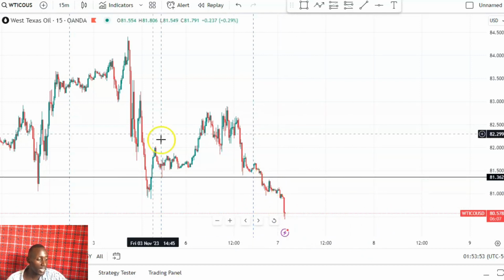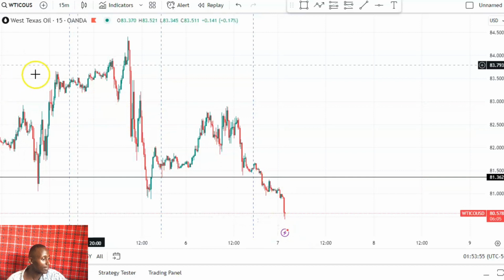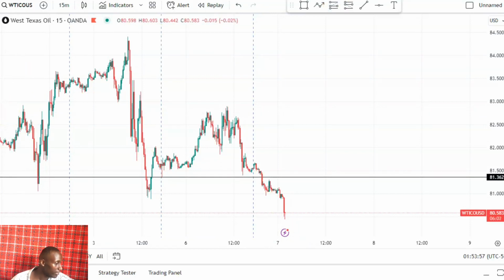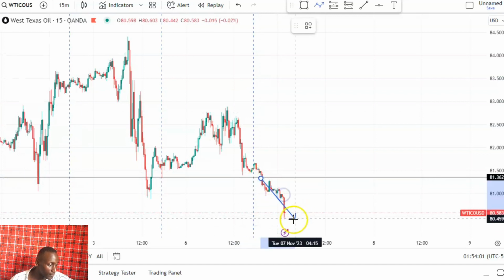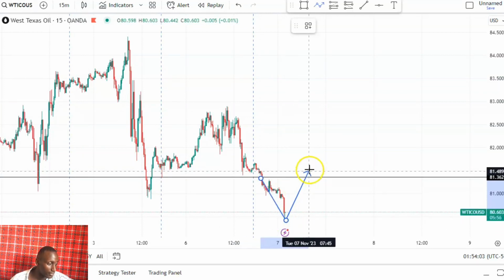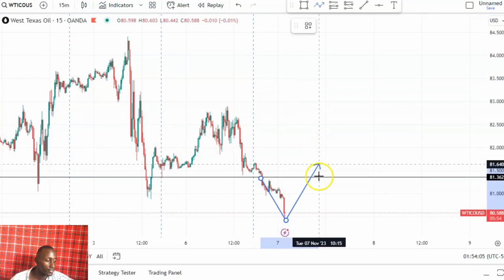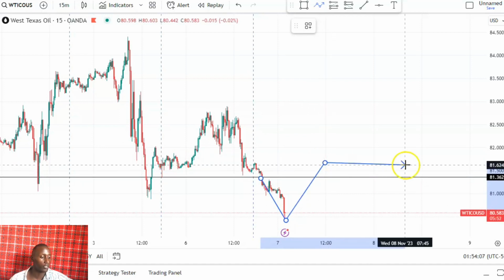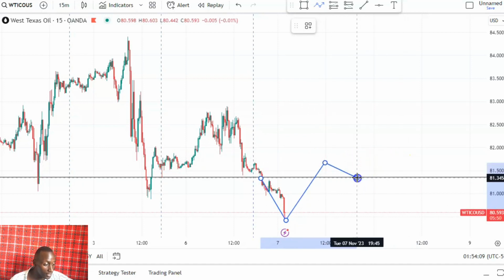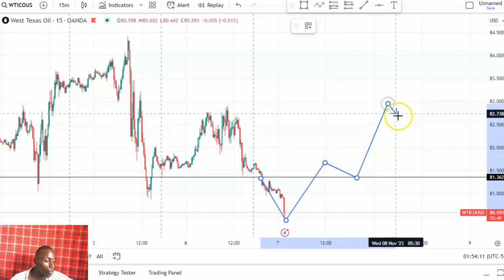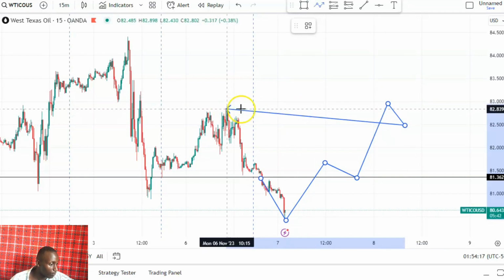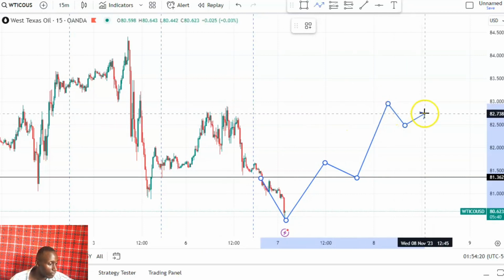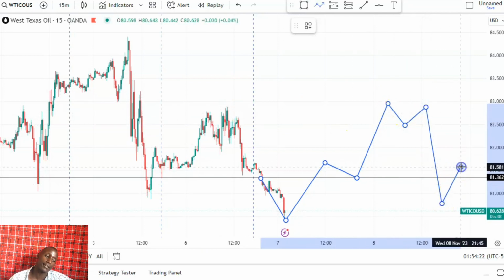But if this becomes a failed breakout and we close inside, so all this price breaks out like that but comes and closes somewhere around here, then on Wednesday I would be looking to start buying. And if Wednesday fails, so breaks out and closes back inside of the range, then I start selling.